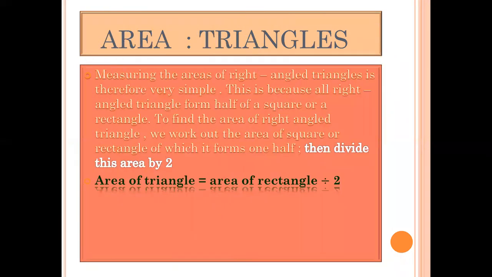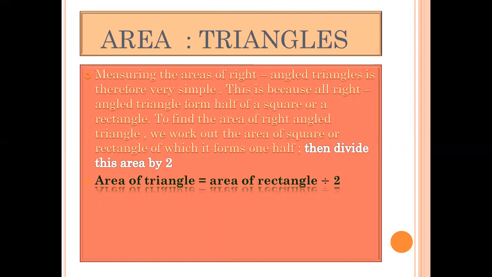After page 39, we have page number 41, and on this page also we have the composite shape. Measuring the area of a right angle triangle is therefore very simple.